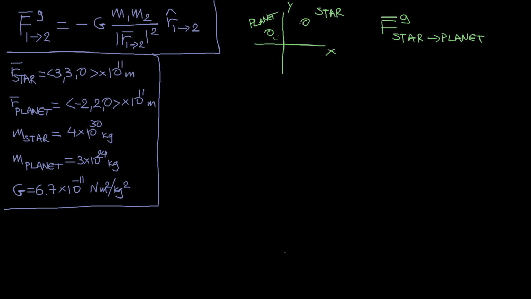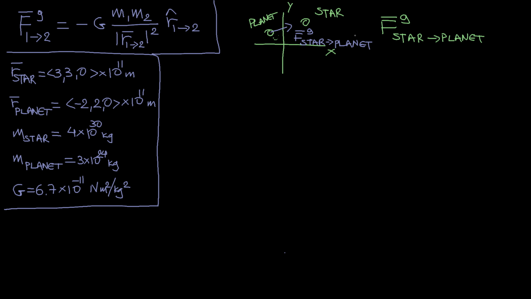So the force from the star on the planet will point towards the star. This is the vector of gravitational force from the star on the planet.